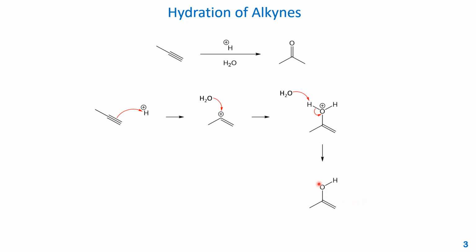First step is the lone pair from the oxygen will push back to form a pi bond, and that pi bond between these two carbons will take the proton, and then the intermediate is this protonated acetone, and the water will deprotonate the proton and then produce the neutral product. That's the acetone, and it's a ketone. It's the hydration of alkyne under this normal acidic condition.